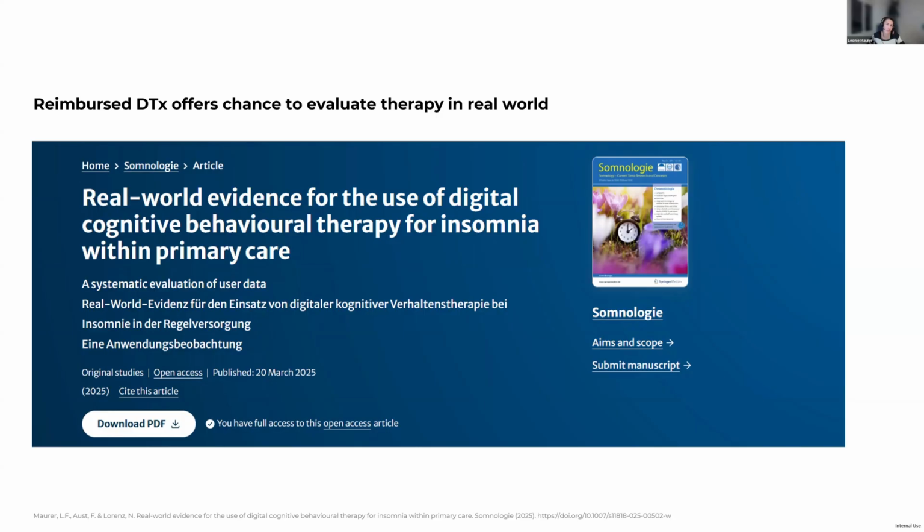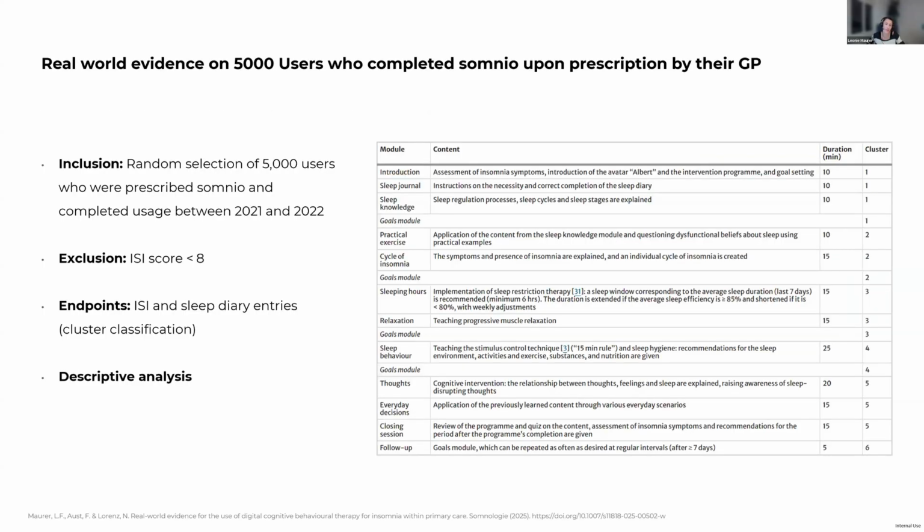We randomly selected a sample of 5,000 users who got prescribed Somnio by the healthcare professional and who completed the 90-day program between 2021 and 2022. We excluded everyone who had an insomnia severity score lower than 8, which would indicate no severe insomnia.